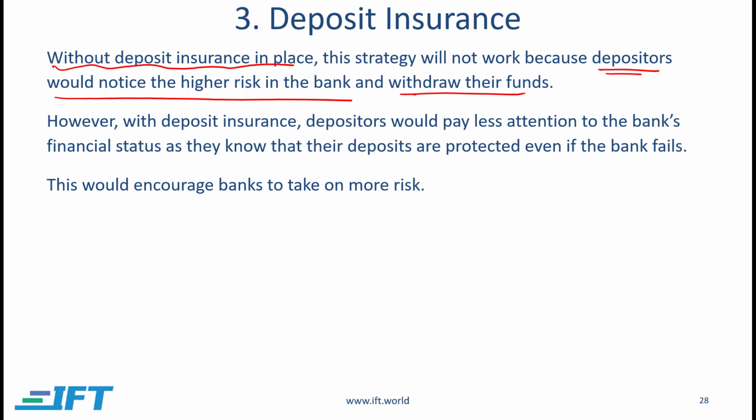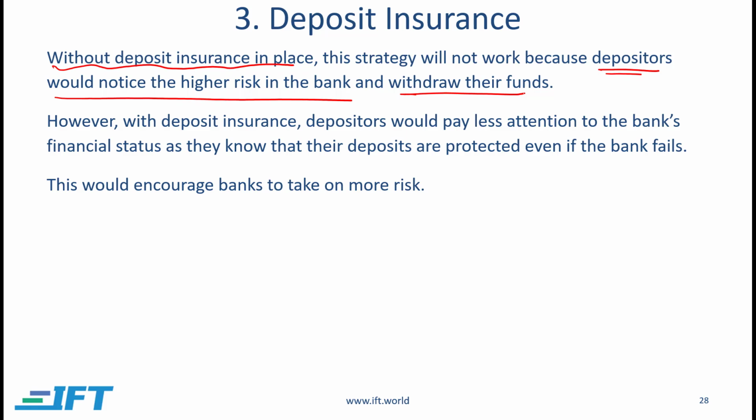Now, how do we as risk managers, either thinking from the bank's own department or from the regulator's perspective, control this? Remember, we said that it's the banks that are paying the insurance premiums for that deposit insurance.